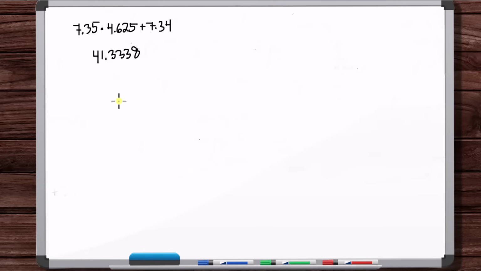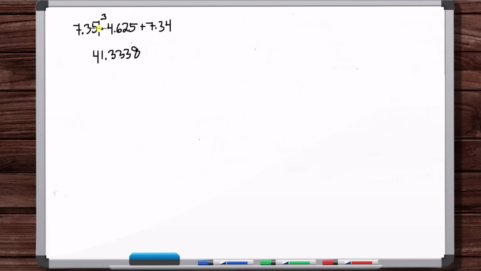You could call that the exact answer. Then we're going to come back and track each of the steps. So here, we did this multiplication. This has 3 significant digits, this has 4, so this would have 3 significant digits. But then we're adding here, so it's a little tricky.